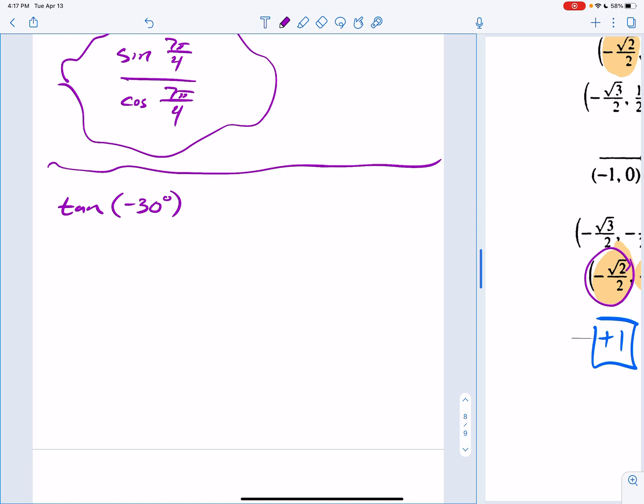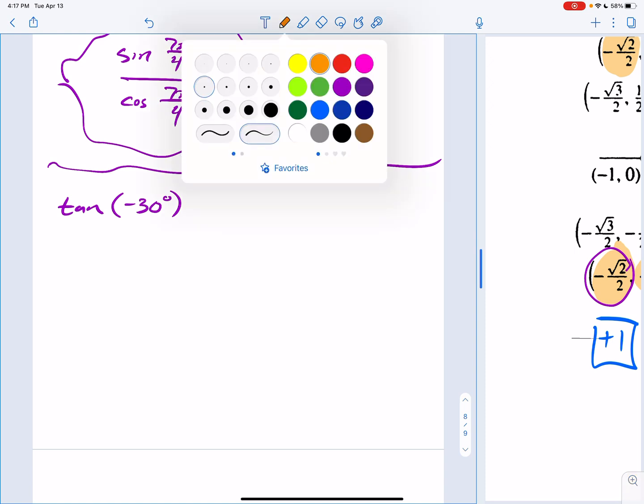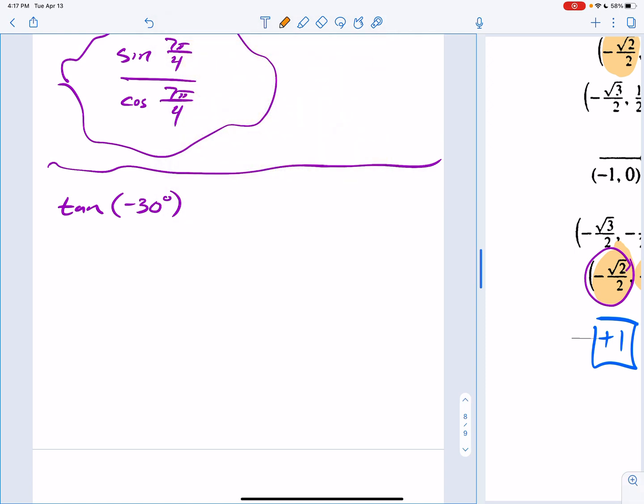So what do we do? Remember way back, whenever you're given an angle that's not in between 0 and 360, you can fix it. We call these coterminal angles. So what you can do here is mentally add 360 to it. Since it's too small, we're going to add 360 to it. If your angle is too large, you're going to subtract 360 from it.